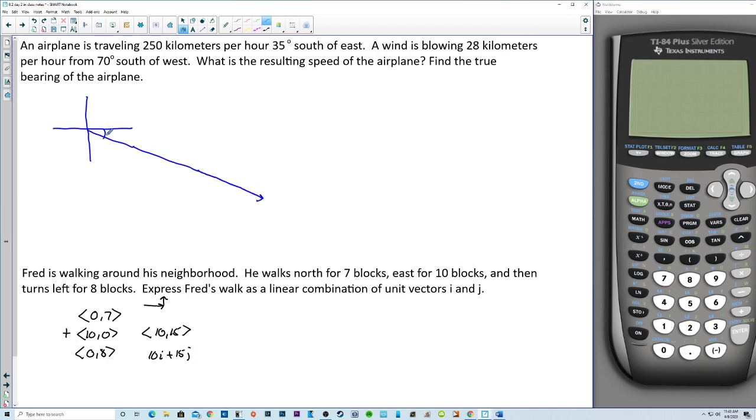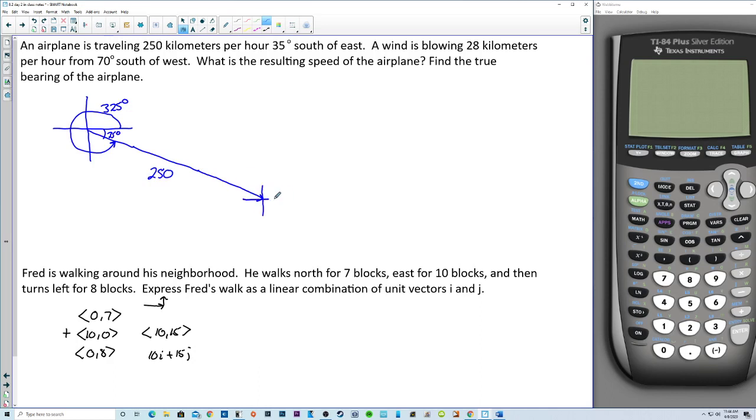This right here is the 35 degrees, and that's certainly not the unit circle measurement. Let's get the unit circle measurement. If we start at the x-axis, go all the way around, we're 35 degrees short of 360. So that's 325 degrees, and the magnitude is 250.